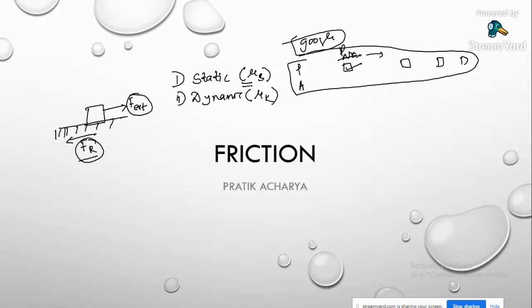The static coefficient of friction is always constant, it will not change. But the kinetic coefficient of friction is not constant, it is always changing, depending upon how the body is sliding. In your syllabus, the static condition part is there, dynamic is not there.